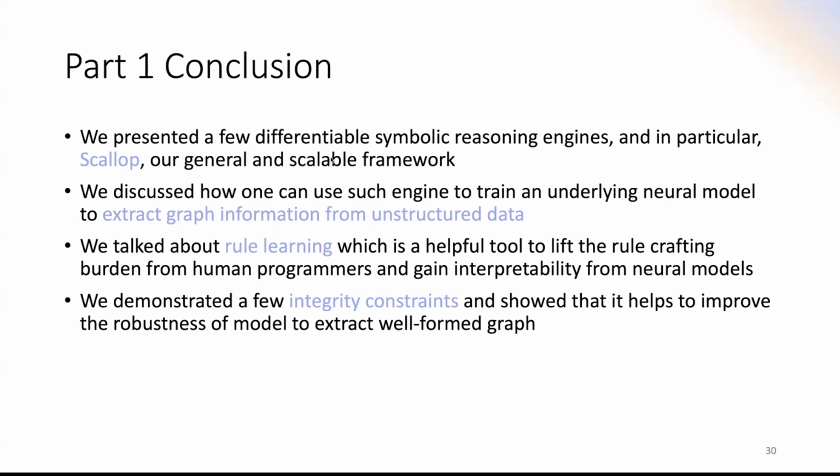Certainly, this method can be applied to many other domains, such as image processing and so on. Here's our website. We have a language called Scallop, and the website is scallop-lang.github.io. And I'm going to pass on to Hongyu to discuss the second part, which is Smore.